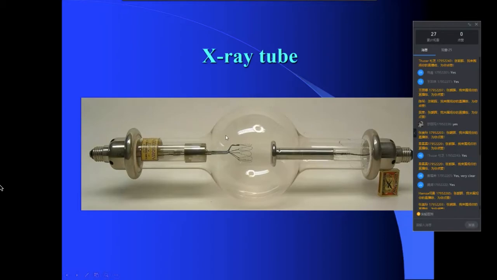It's a vacuum diode where X-rays are produced. X-rays are produced here in this tube, and this is a filament where electrons are emitted, and this is the metal anode target.